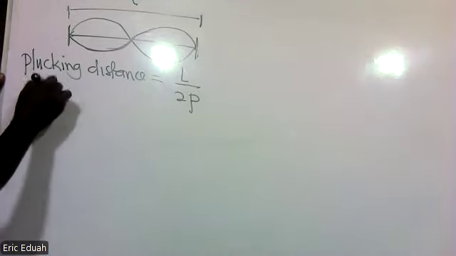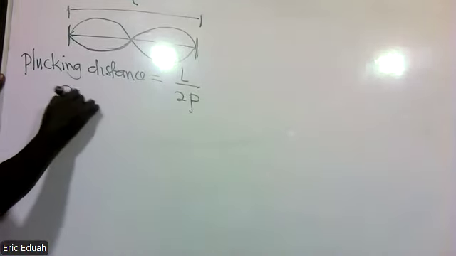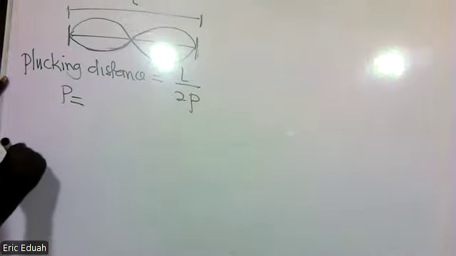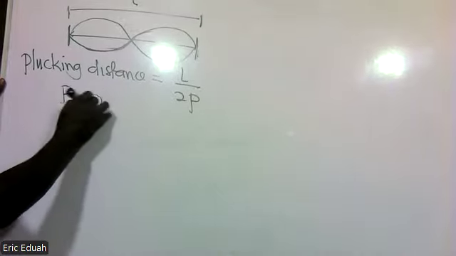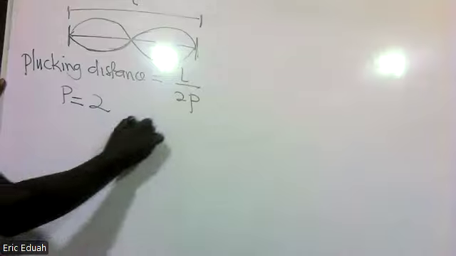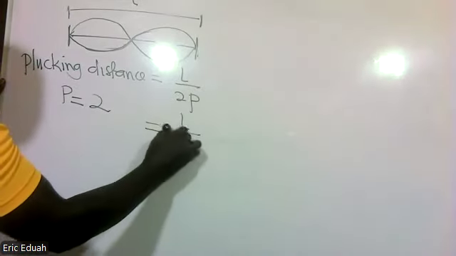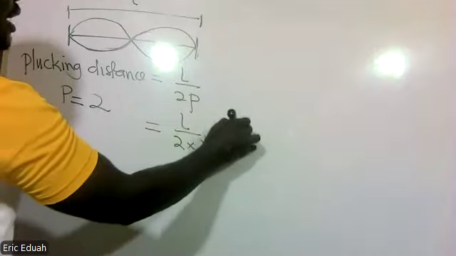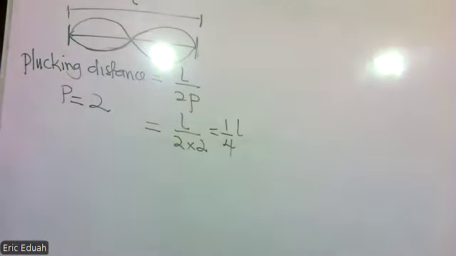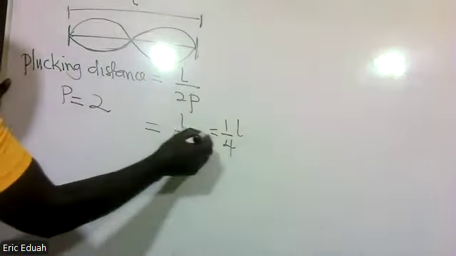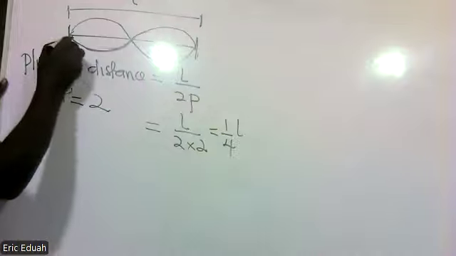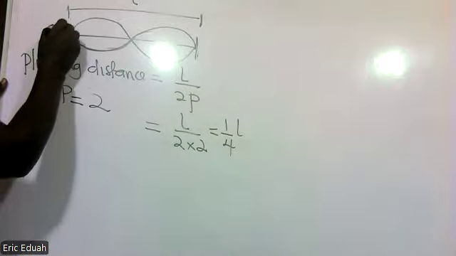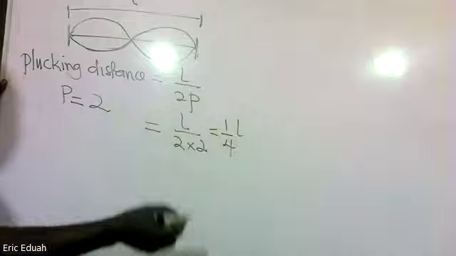And here, the number of loops, we have 2 complete loops. So P is equal to 2. Therefore, we have L over 2 times 2, which is 1 on 4 of L, or a quarter. So it means it must be plugged from one end, a quarter of the length.